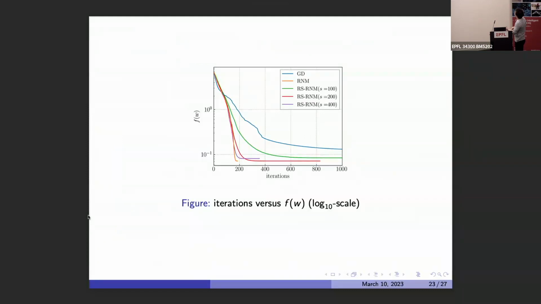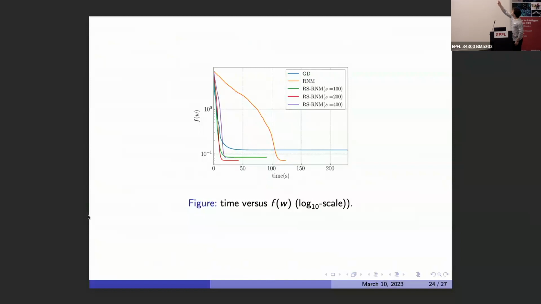If you look at iterations, it seems that the method on the full space is better, but if you look at the function value with respect to time, we see that it's faster with our method. It's easy to guess, because one iteration of the full Newton method takes a lot of time, since you need to invert the Hessian.